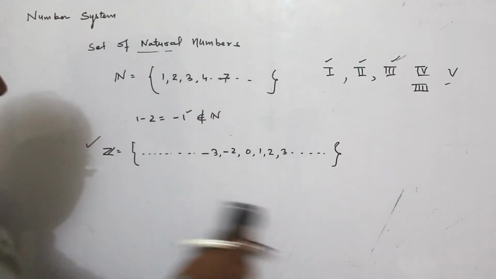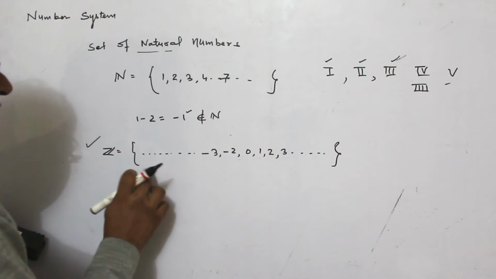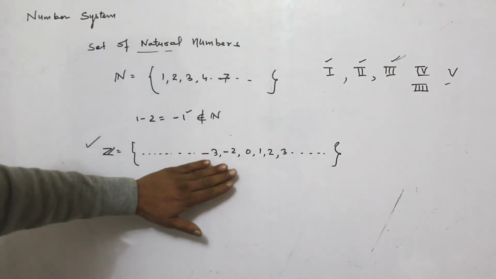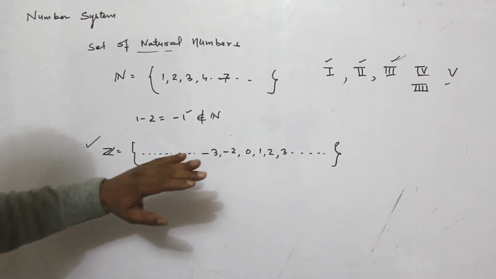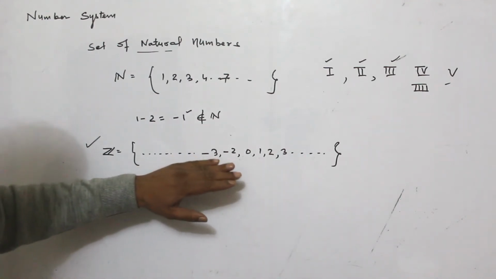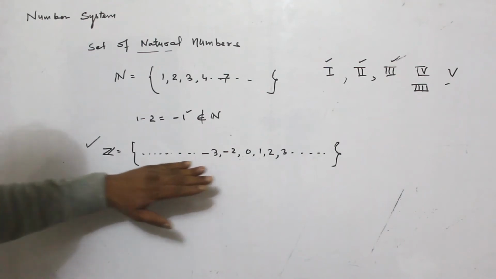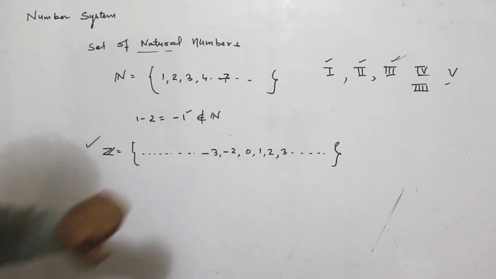That is the way we call it the set of integers. Further, in this set, addition and subtraction, both binary operations, are active, but the fraction is not.